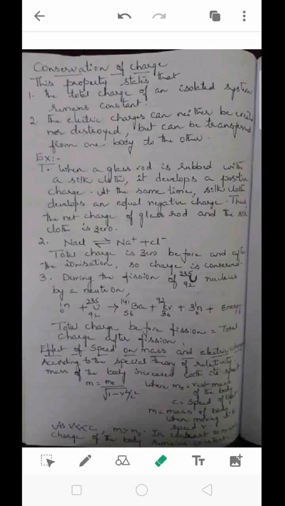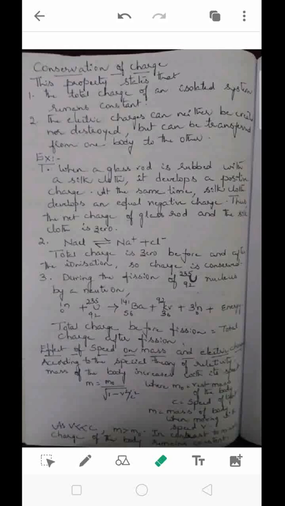Right? Now, coming to one more concept, the effect of speed on mass and electric charge. According to the special theory of relativity, the mass of a body increases with its speed. This is understood by using the formula given below: M = m0 / √(1 − v²/c²).